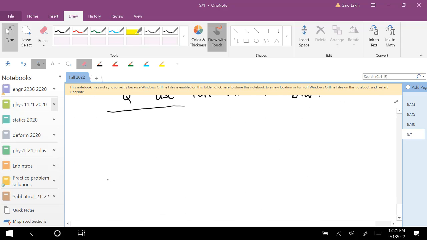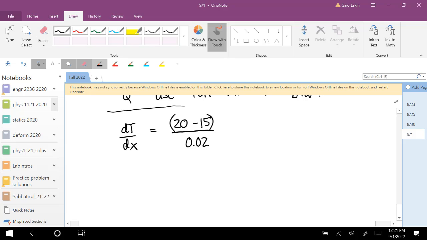Okay, well, varying linearly, then we know that dT/dx is just 20 minus 15 divided by the change in x, which is 5 divided by 0.02, so 250.